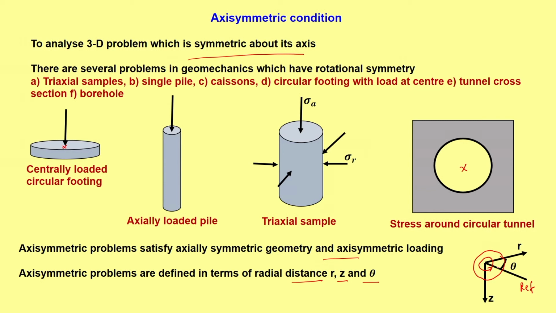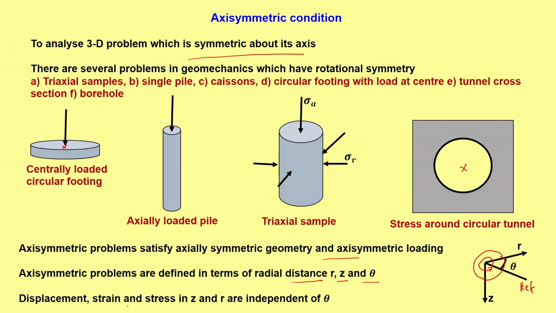One needs the properties to be the same as you go from here to 360 degrees. So, if this is considered as a plane and you rotate this plane from 0 to 360, nothing should change, neither the loading nor the geometry. Then we say that the axisymmetric condition is satisfied.